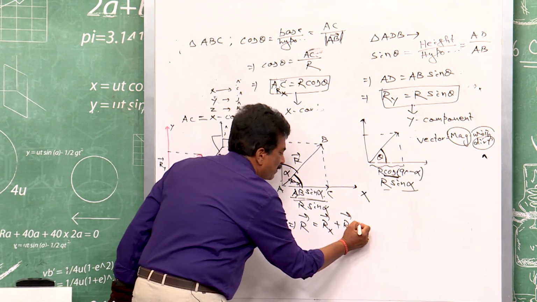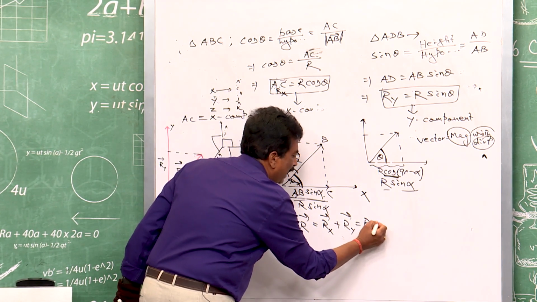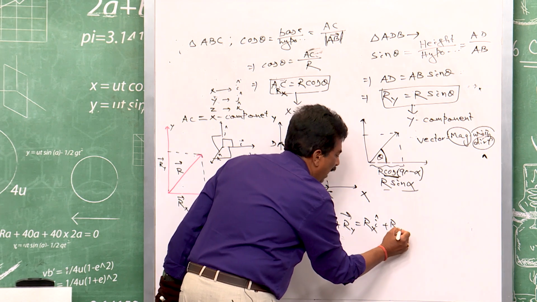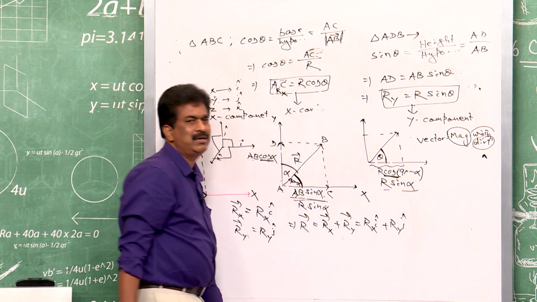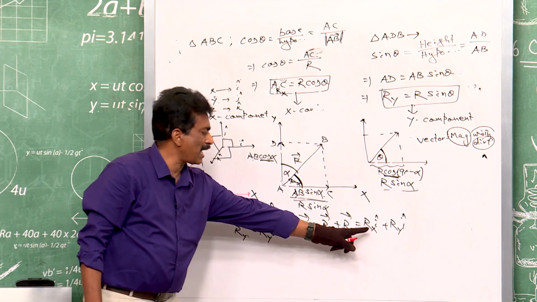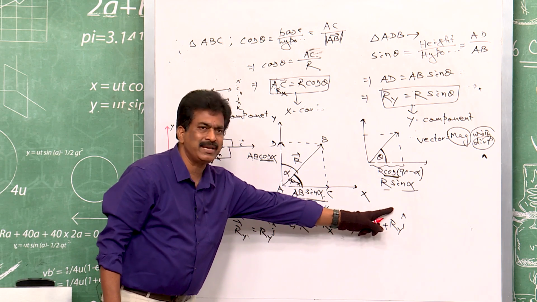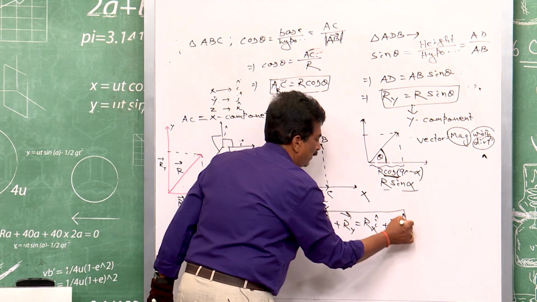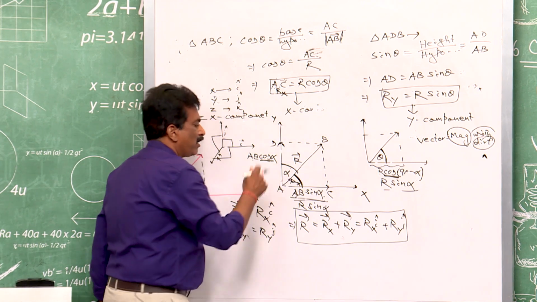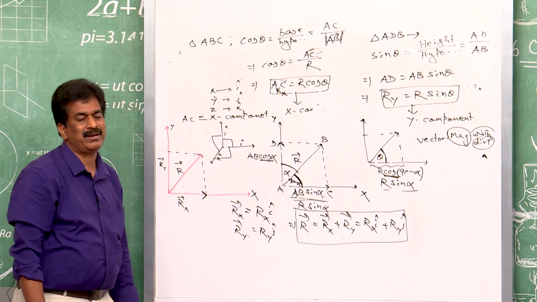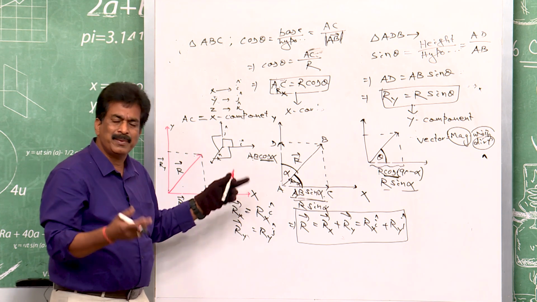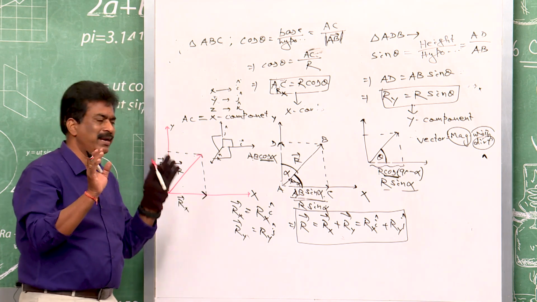So rx i cap plus ry j cap will be the r vector. This is according to the unit vector form. This is for the two dimensional case. Similarly, you can take it for the three dimensional.